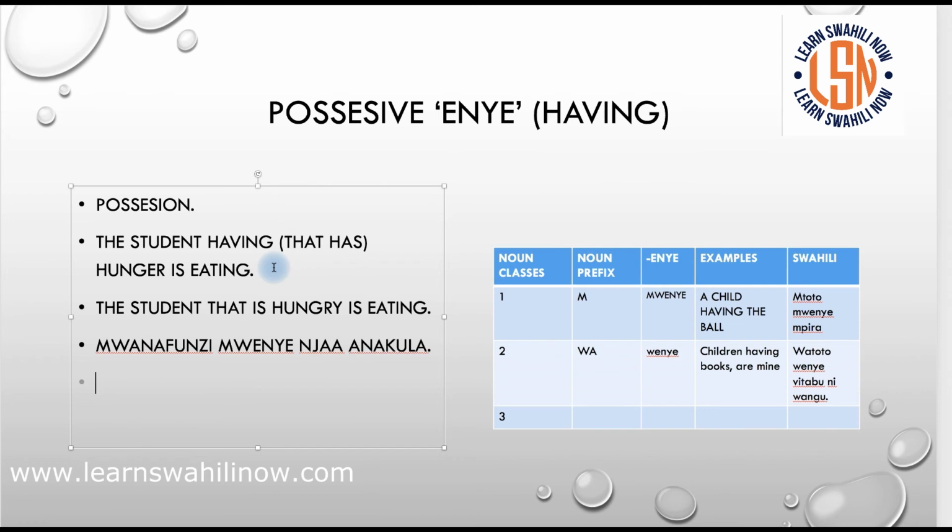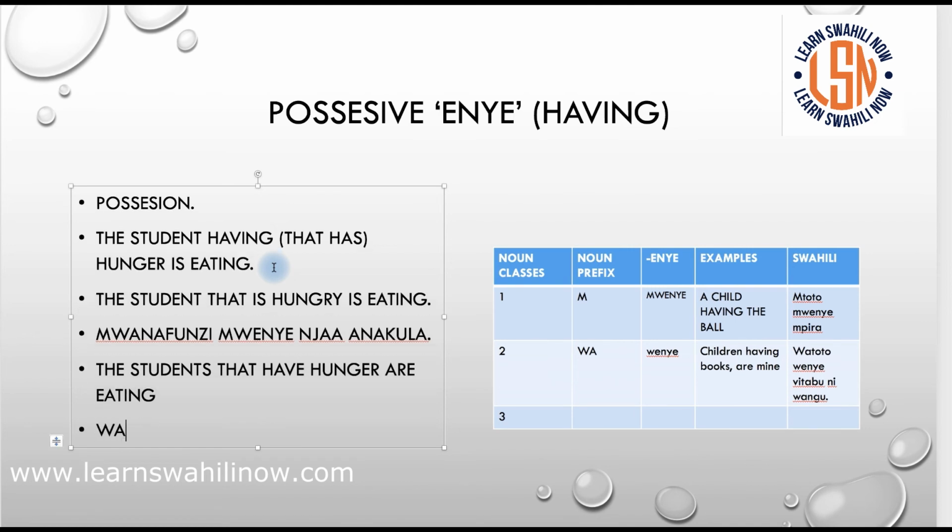Let's do noun class 2 for that same sentence. So that would be the students that have hunger are eating. So that would be wanafunzi wenye njaa wanakula.